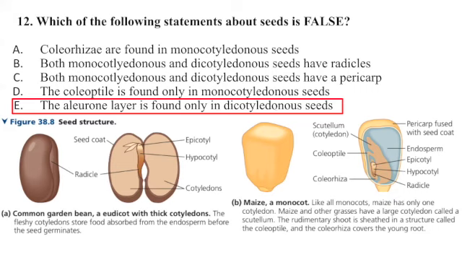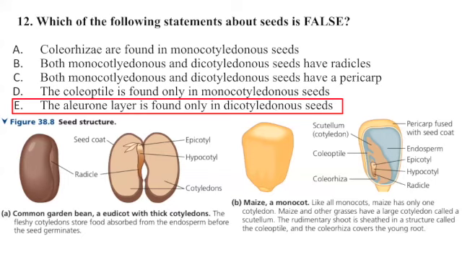And so E, the aleurone layer, is found in both monocot and dicot plants. So it's not only found in dicotyledonous plants. So E is actually false. If you remember, we had another question previously, maybe from yesterday's exam or earlier in this one.